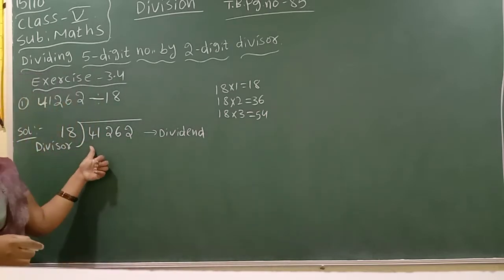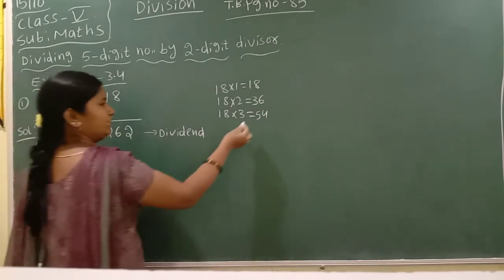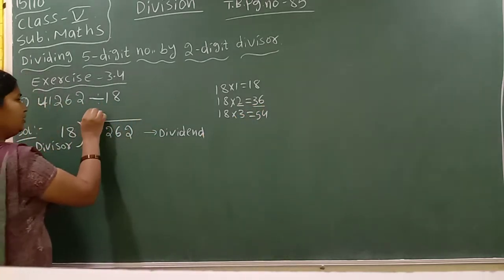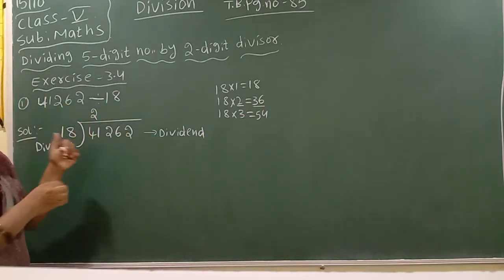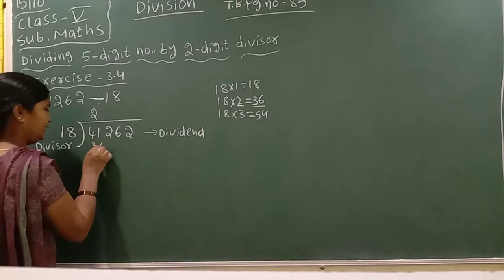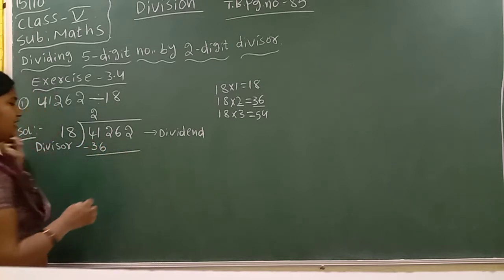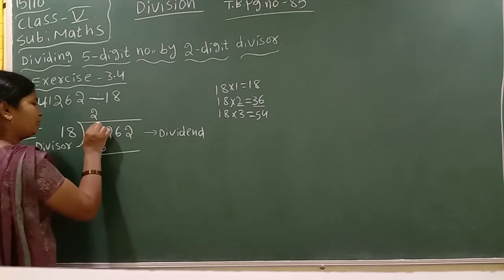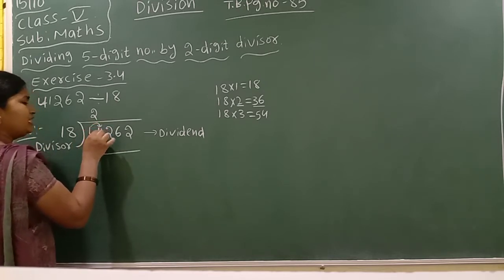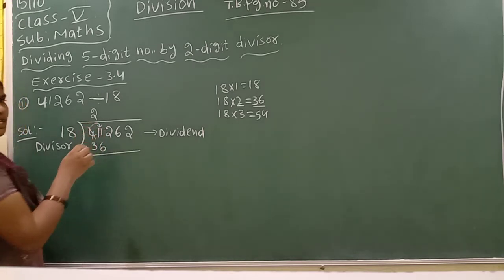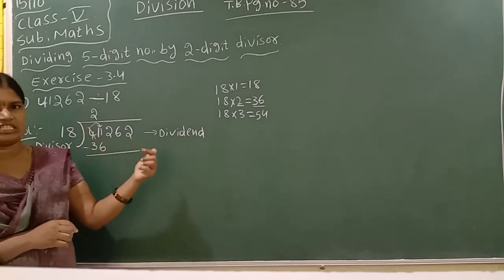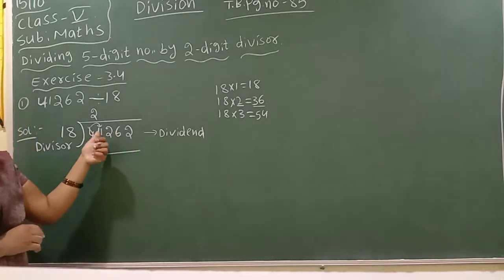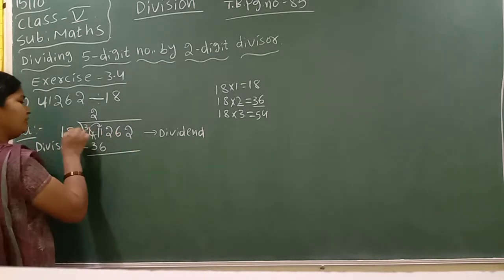But we have 41 here, so you have to take 18 twos, 36. You have to write it down, 36, and subtract. 1 minus 6 is not possible, so you have to borrow from here. This 1 becomes 11, because we are taking from the 10's place to the 1's place. 1 ten is equal to 10 ones, 10 plus 1 is 11, and here 3 remains.